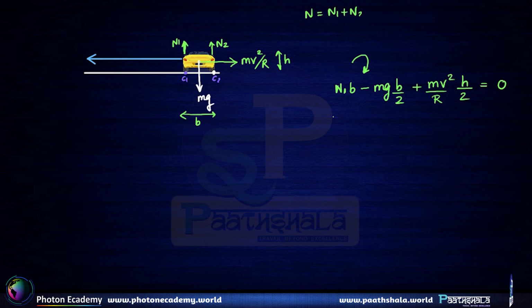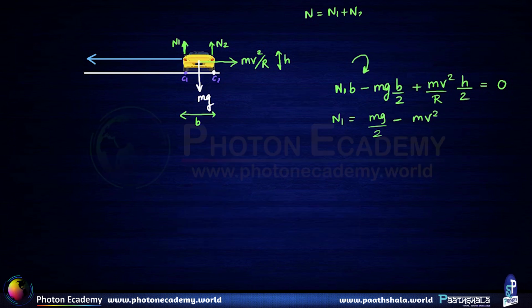So from this equation we get N1 to be equal to mg by 2, rather minus mv square upon r into h upon 2b. This is what we get N1 to be equal to.